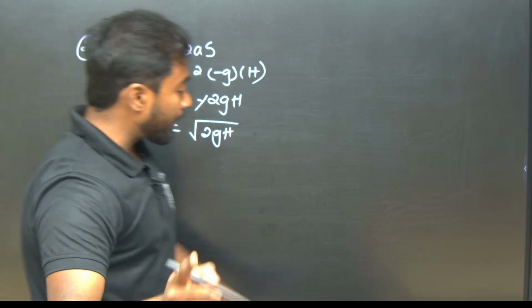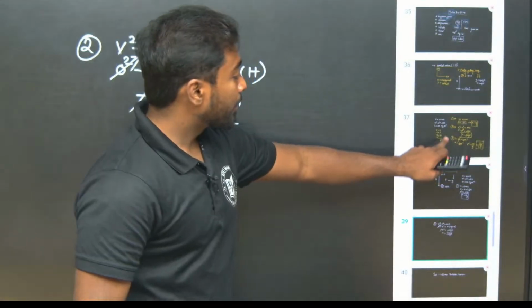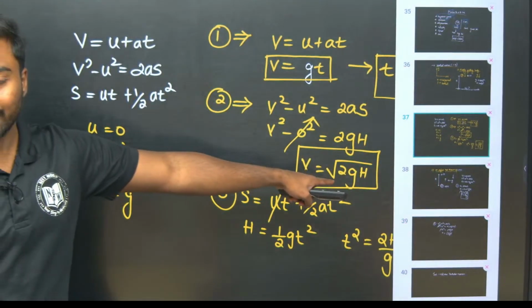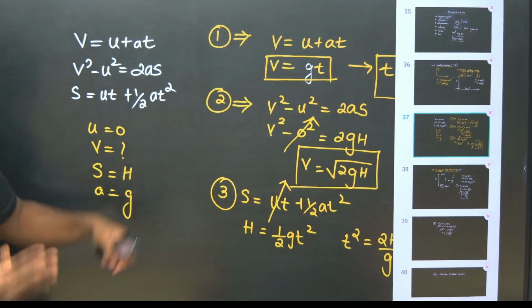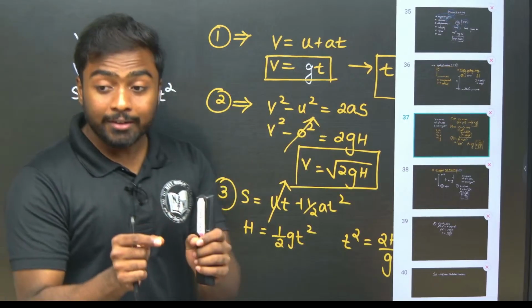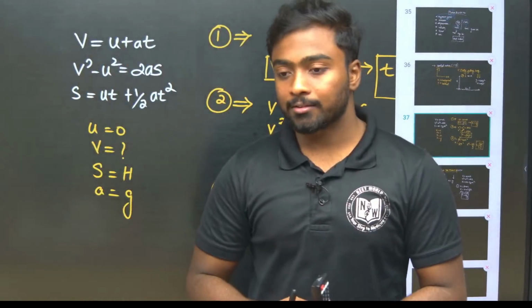Hope you got what I am trying to say. Here we got the velocity as root over 2GH, the final velocity at that surface point when I consider equal height for both cases.